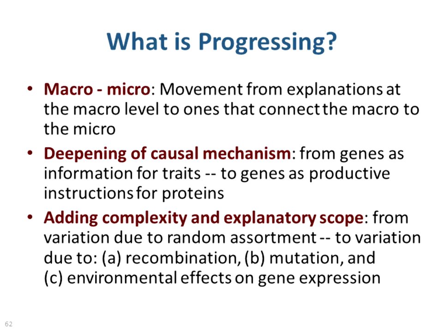So if we pop up a couple of levels to think about what is progressing more generally here, we can think about three ways. One is the macro-micro. So in the little kids, as I said, we're talking about traits that they can see. I think that, with third and fifth graders, you can talk about things like the size of your heart and the size of your liver.